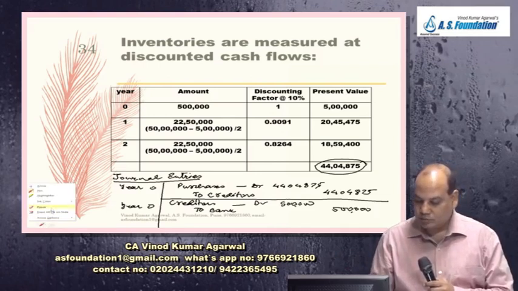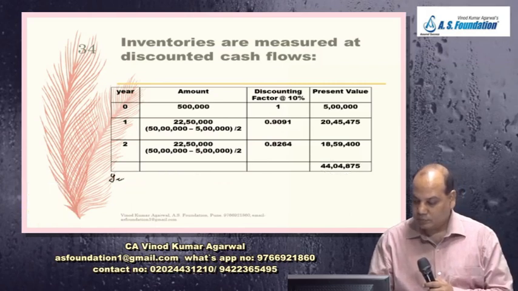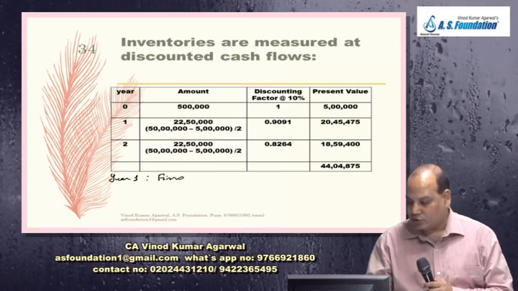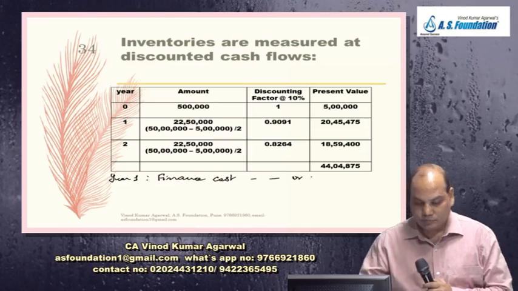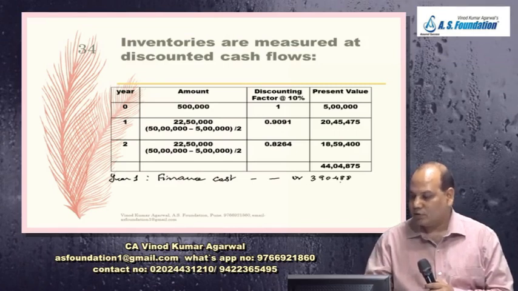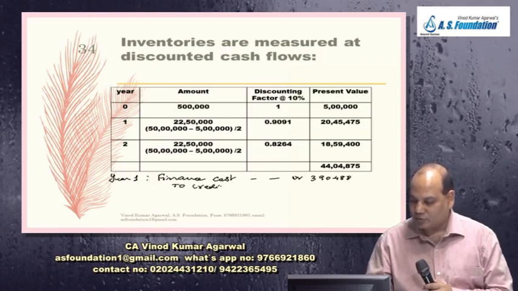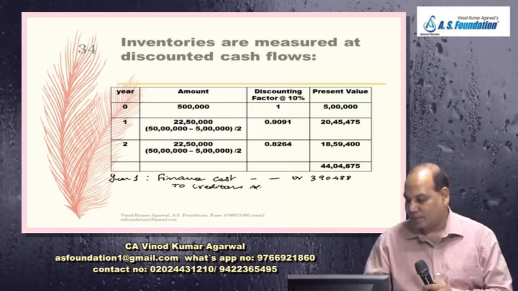So now you write down year 1. Year 1 finance cost debit 390,488, correct? Is it 390,488? To creditors account 390,488.